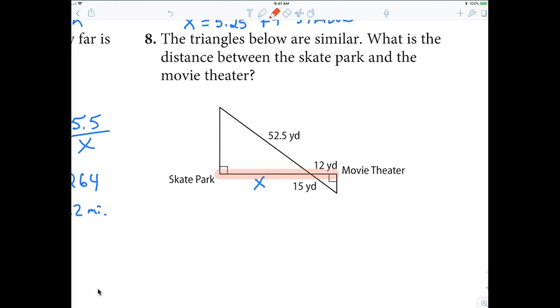X over 12. So far, so good. X over 12 is equal to 52.5 over 15. That's perfect. Now multiply that out for me.